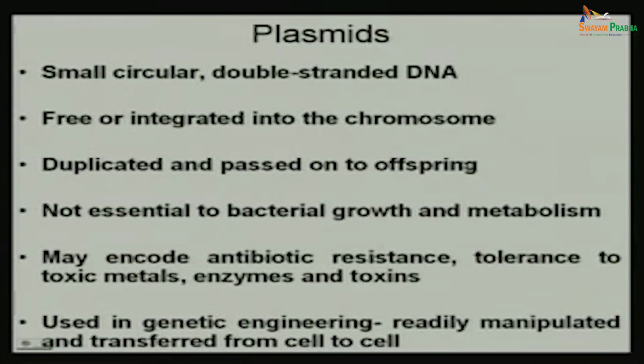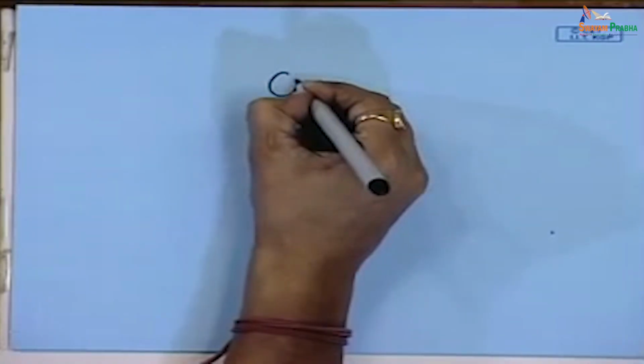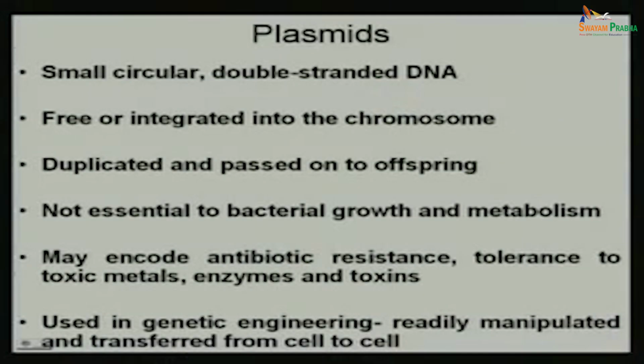Now, coming to the plasmid, in these prokaryotes it is very important to have this unique structure of the plasmid. This is the circular DNA. Besides the nuclear material, we have a small circular double-stranded DNA which is present, and it is free or integrated into the chromosome.